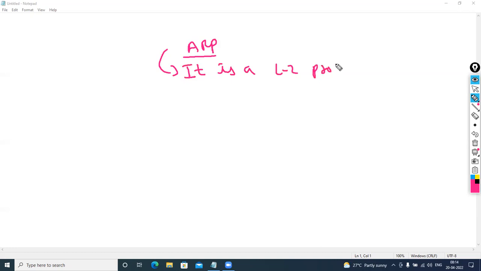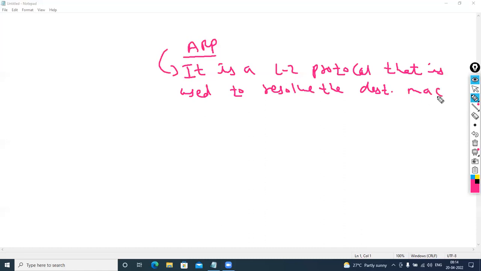It's a layer 2 protocol that is used to resolve the destination MAC from a known IP address. Correct? Yes.